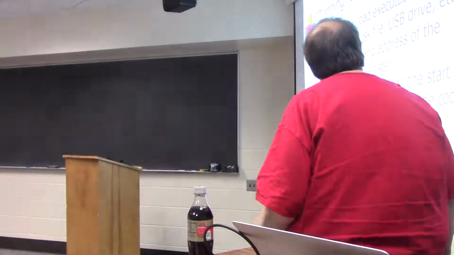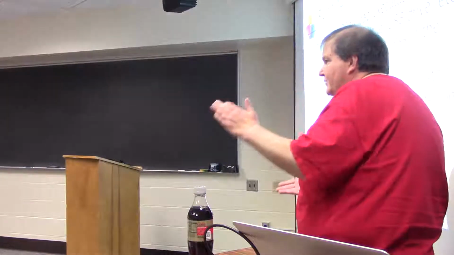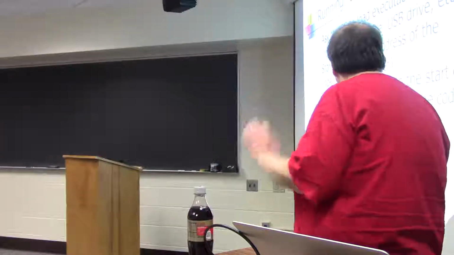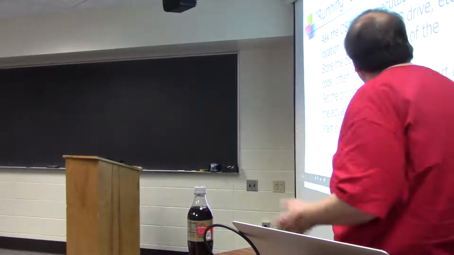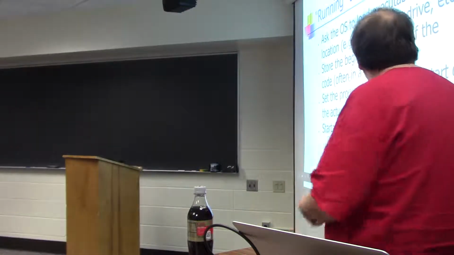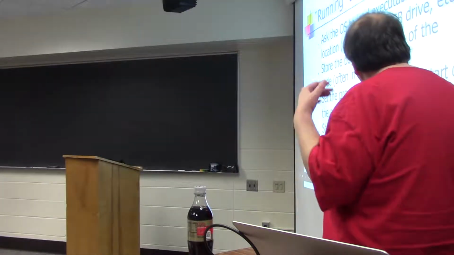So what does it mean to run an executable? An executable is a sequence of code and data, and I'll show you what I mean by the sequence, and there are some extra pieces that are going to be added. It's asking the OS to load an executable from a location, so find it out on a disk or possibly on a USB drive, somewhere else, in memory if possible.